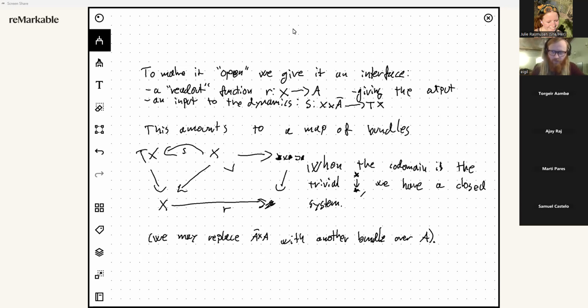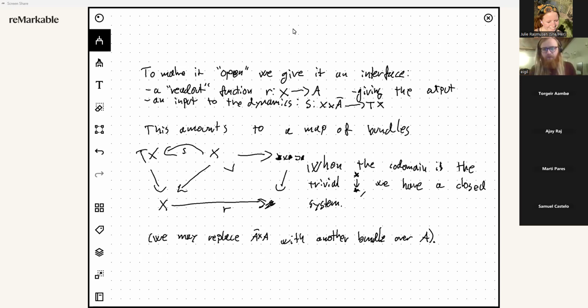And so r is a trivial map to the terminal object, and our s becomes just a map from the trivial bundle, the bundle where all the fibers are points, over X to Tx, which just amounts to a section of the bundle.